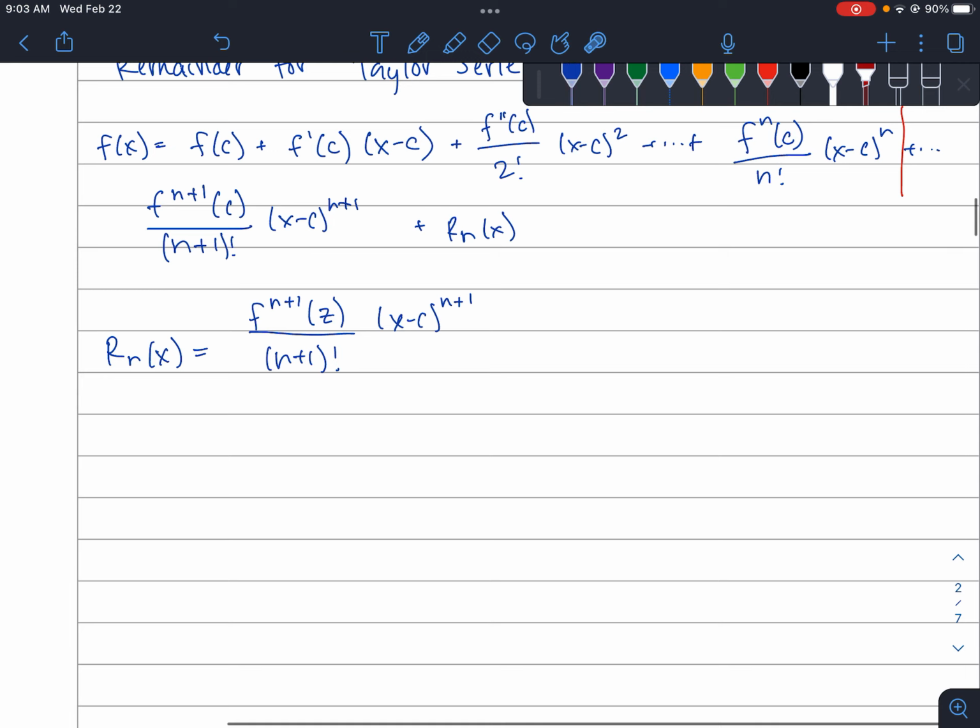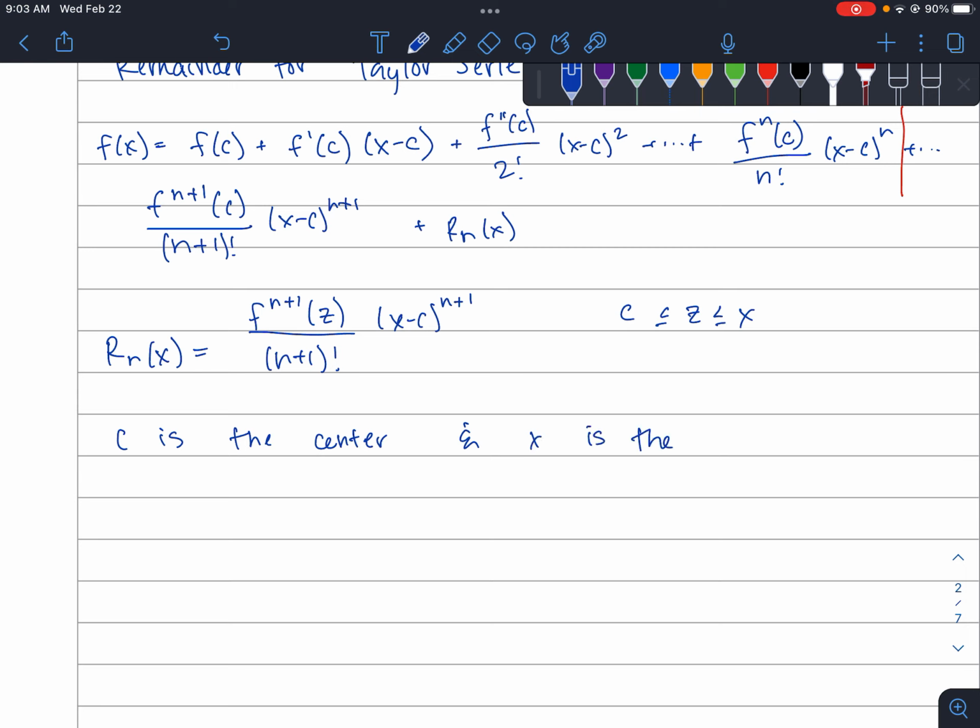Now, this z is really weird and hard to describe, but it is a value between x and c, where c is the center of the polynomial approximation, and x is the value we're approximating.